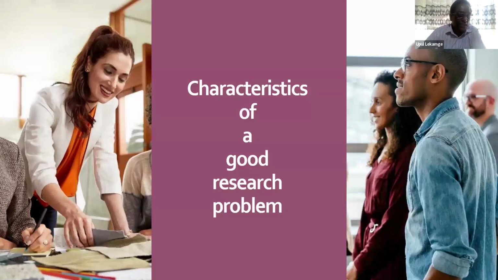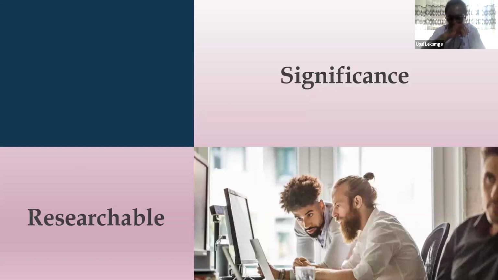So based on all these things, what are the very prominent characteristics of a good research problem? The first is significance. Now, when you write a research proposal, or present a research, or write a thesis, dissertation, or article, you write the significance of the research or research problem.